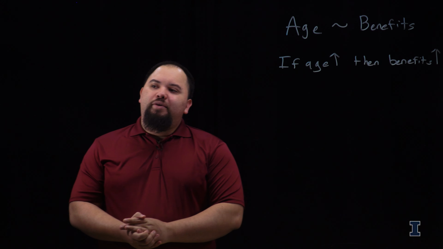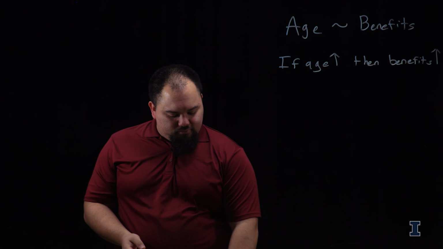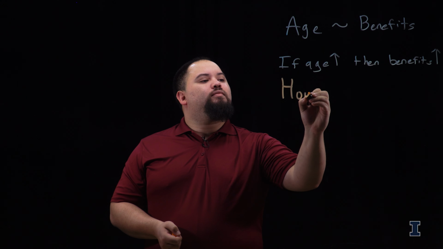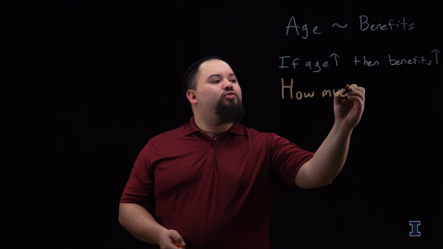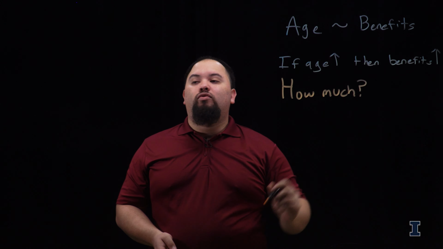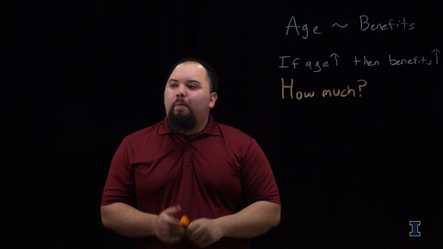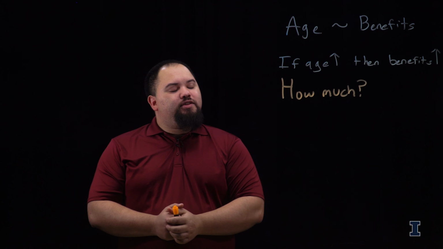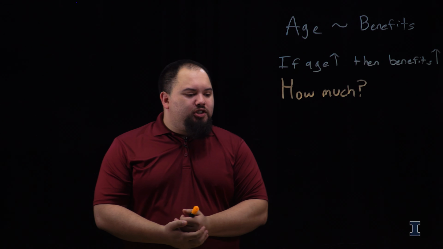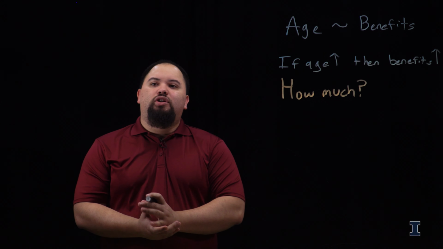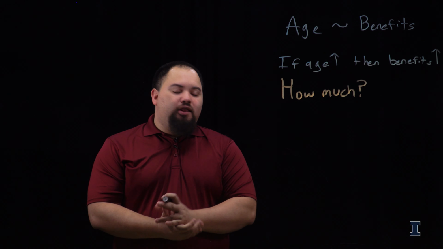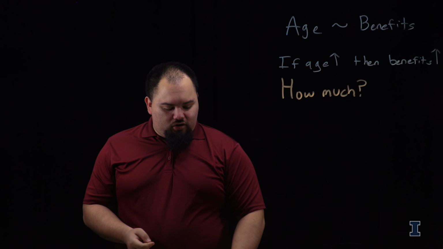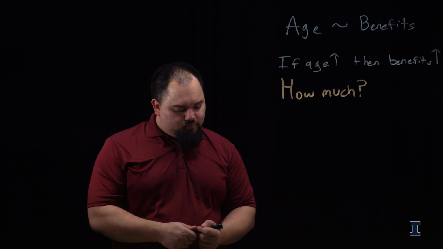Some other things that we would be interested in determining is how much this increase is. For example, you can compare the insurance benefits for someone that's age 30 to someone who is age 40. And we expect that the 40-year-old on average would have a higher likelihood of receiving benefits, which would incur a higher cost for the insurance company.